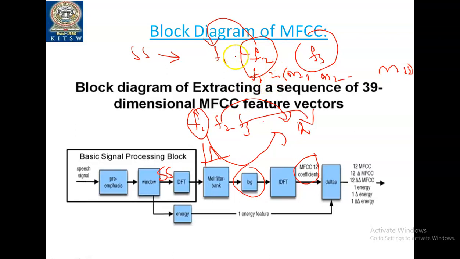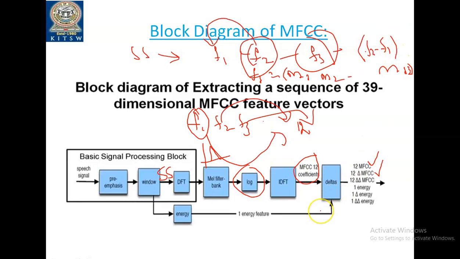You take the difference, and again you get 12 delta. So 12 MFCCs and 12 delta MFCCs, and the double delta is nothing but the difference F3 minus F2 minus F2 minus F1. So this is the process we need to consider.